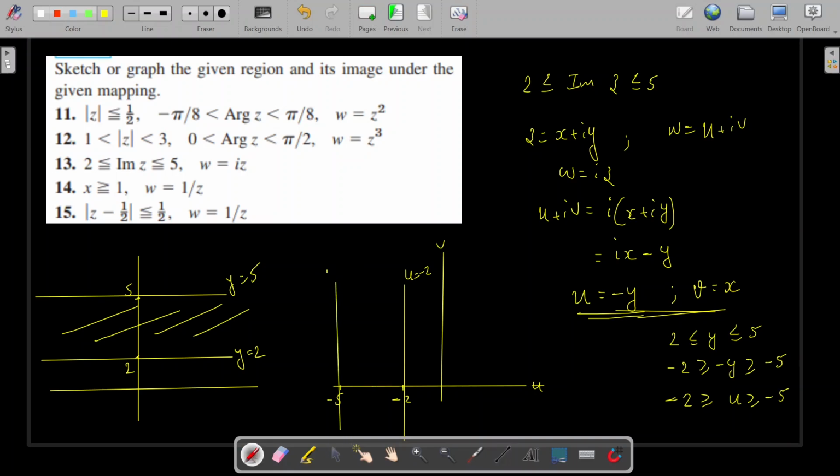So let this be the line u equal to minus 5. So the image of this region in the z-plane is all points where u lies between minus 5 and minus 2. So this is the region which includes the image of the given region. So these are the points which are the images of points of this region under the map w equal to iz.